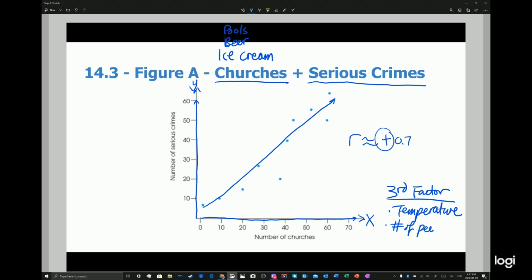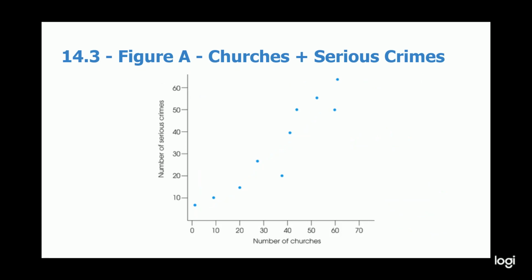This is an even more likely one. If there are more people in a city or country, then there are more people to commit crimes, if they choose to do so. So there are third factors that can explain the relationship between your first two, this here being churches and serious crimes, for example. So again, correlation does not necessarily demonstrate, and often does not, if at all, causation.